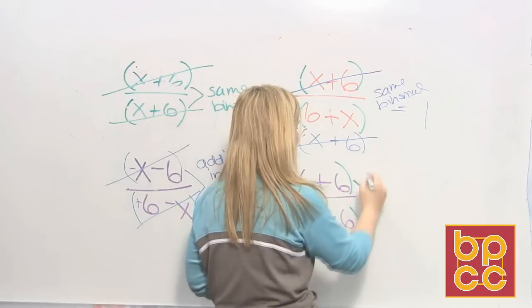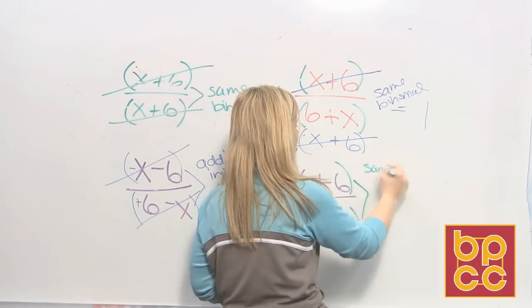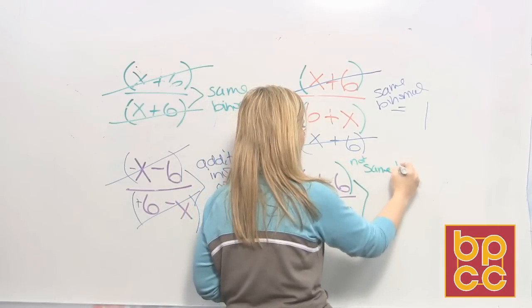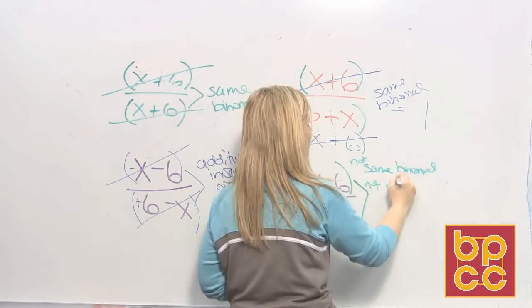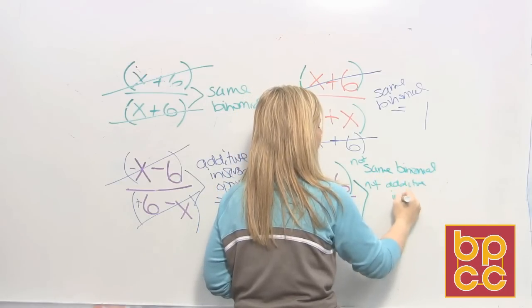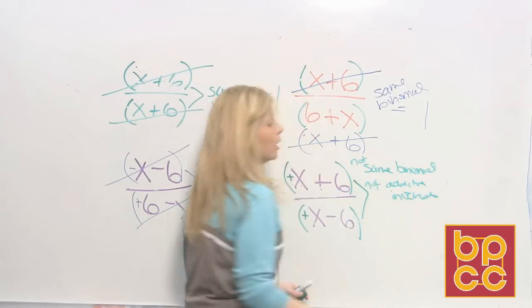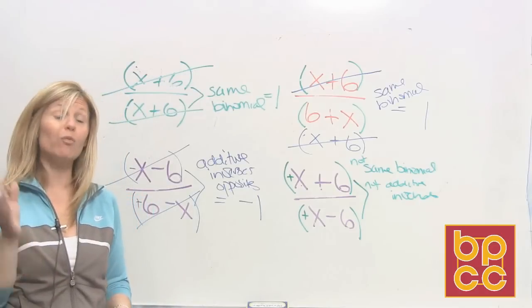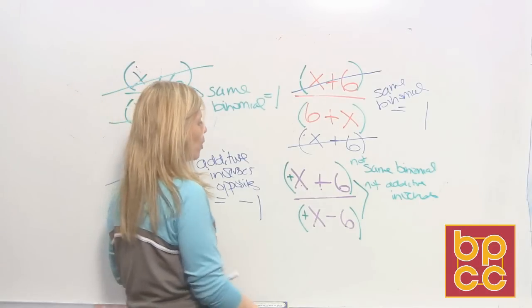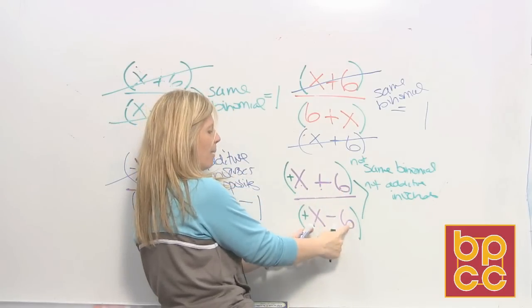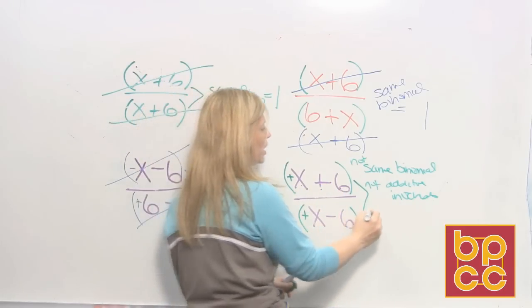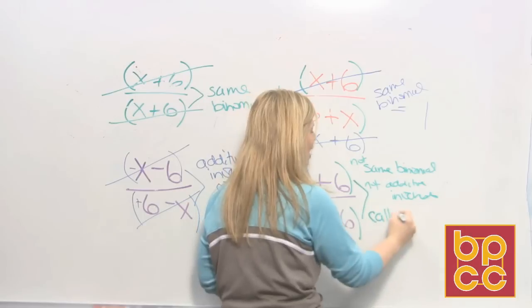So we have a problem. These are not the same binomial, and they're not additive inverses. So then what are they? Well, if you go back to chapter 12, we learned a vocabulary word. When you have a binomial and you change the middle symbol only, these are called conjugates.